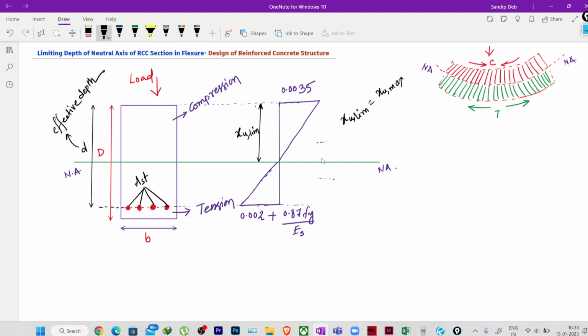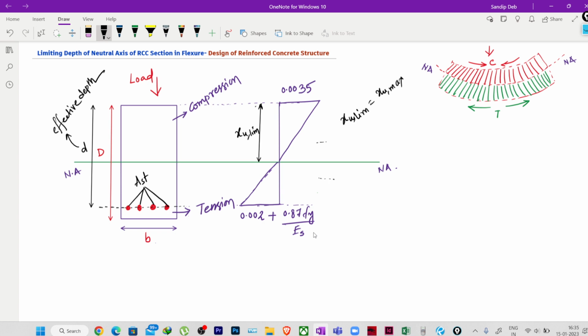That means the strain in concrete will be higher than the strain in steel, and the concrete will fail before the steel fails. So in that case we call that condition over reinforced, because we have provided so much steel here that the steel is not at all reaching its maximum limit, but before that the concrete is reaching its maximum limit.